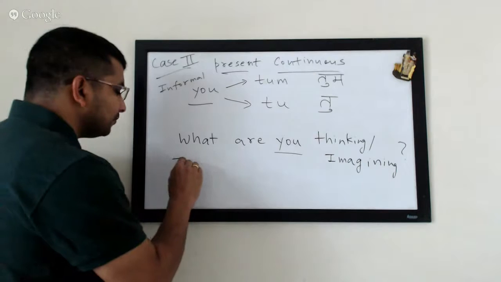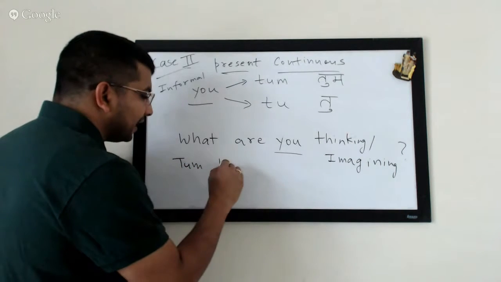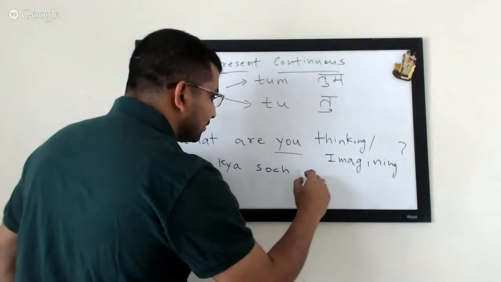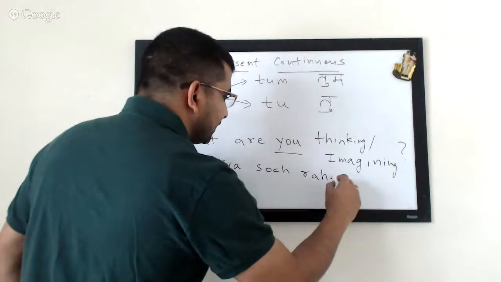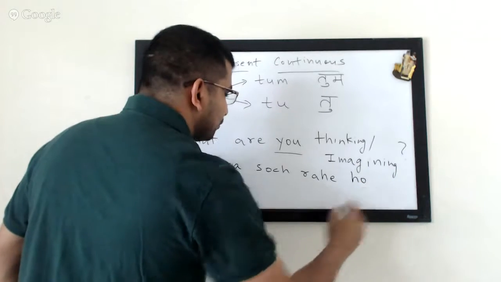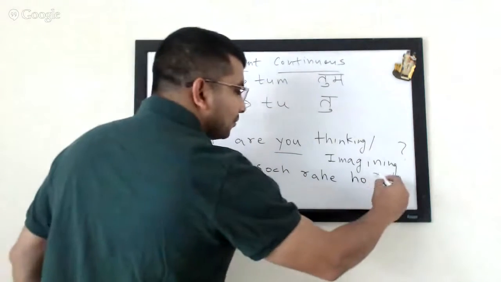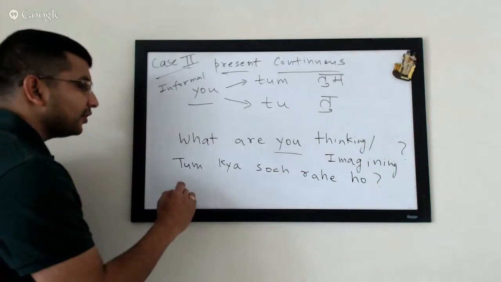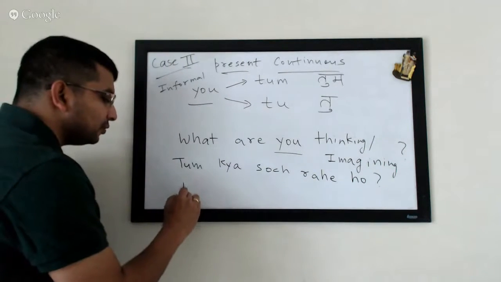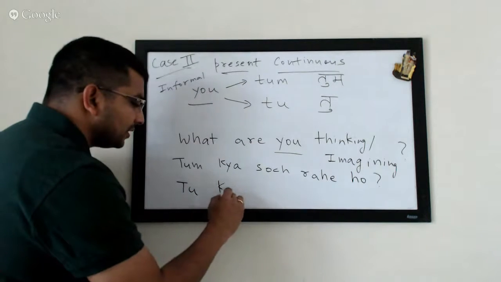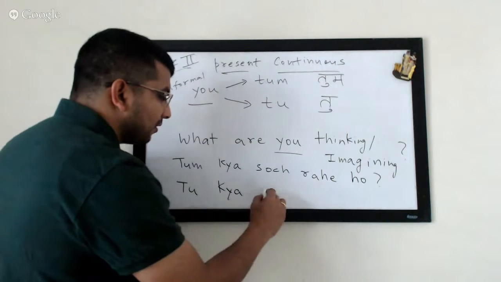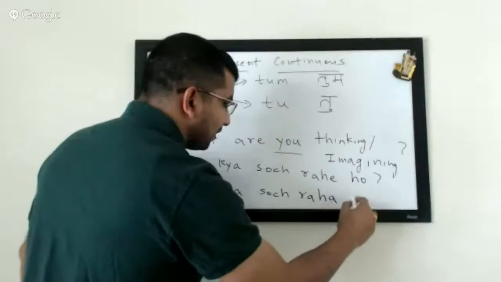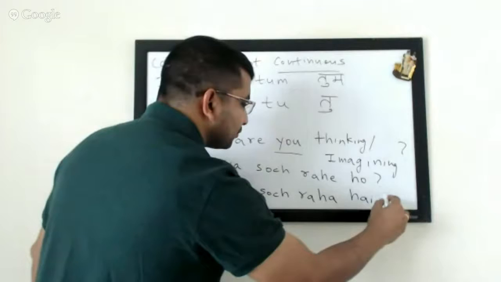It will be तुम क्या सोच रहे हो. Okay. When you're writing it for tu, it would be तू क्या सोच रहा है.